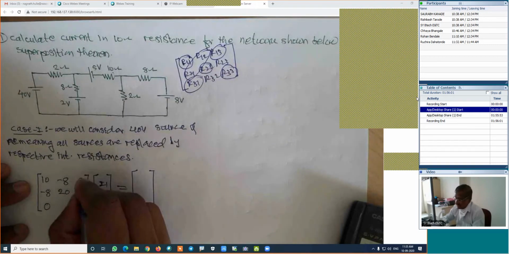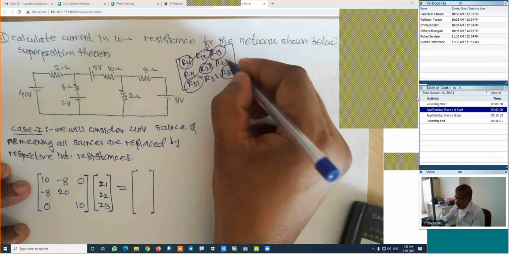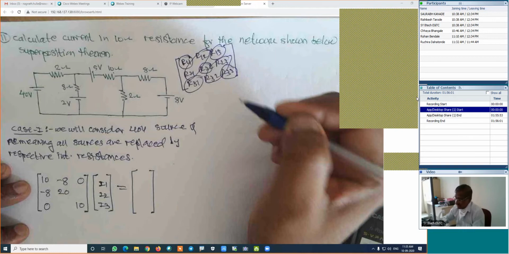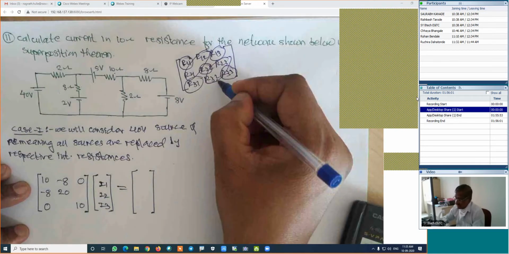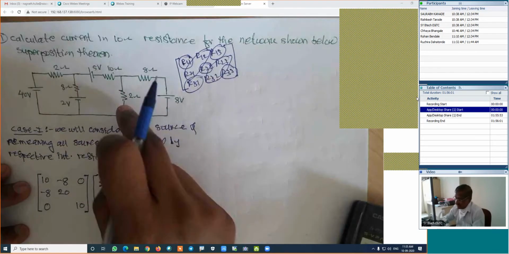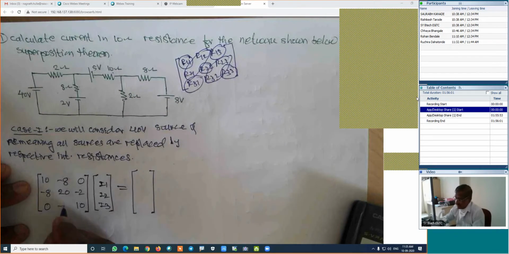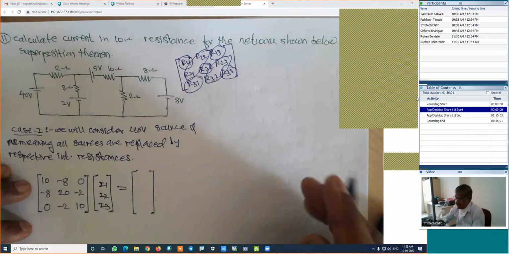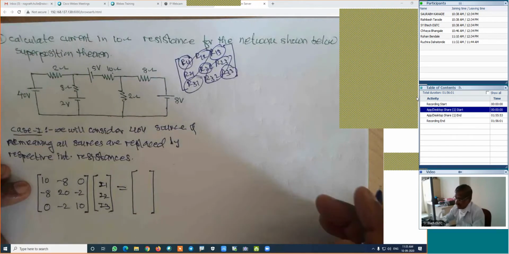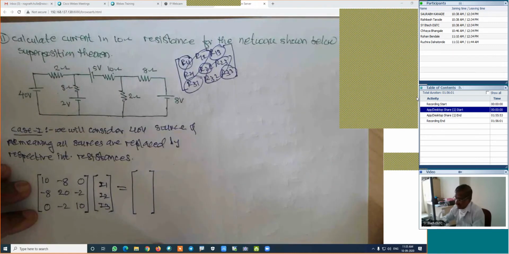It is 0, this is 0. R23 and R32. The resistance which is common for the second and third loop and third and second loop will be 2. It is minus 2. This is minus 2. The same matrix will be there for all remaining cases. Is it right?